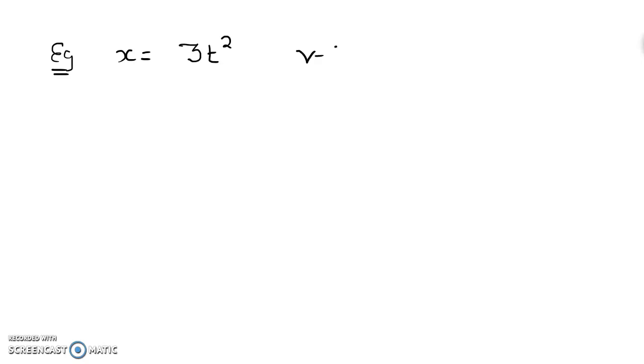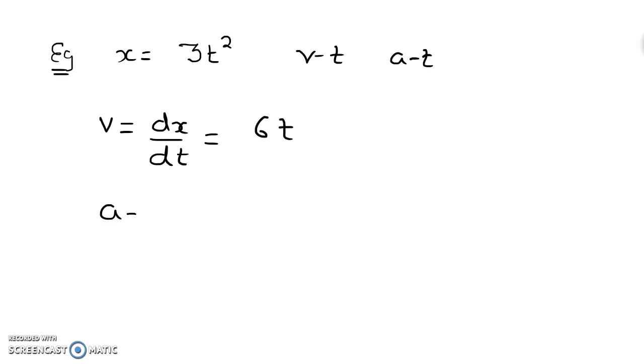I ask you v as a function of time and acceleration as a function of time. This is an easy one. Velocity is dx by dt, just differentiate it once: 6t. Acceleration is dv by dt, just differentiate it once: 6. So acceleration is constant in this case. Can you see that?